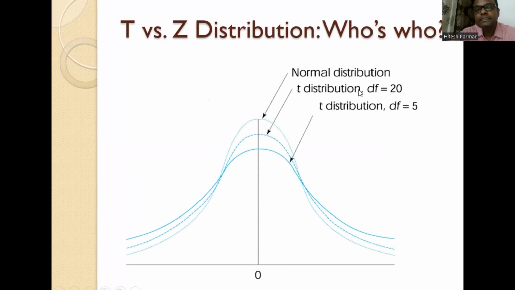We have this t distribution at degrees of freedom equal to 20, and this t distribution at degrees of freedom equal to 5, like this. As the sample size becomes smaller and smaller, the distribution becomes flatter and flatter. As the sample size becomes larger and larger, the distribution tends to become normal. So this is how we can understand the comparison of the z-test and t-test.